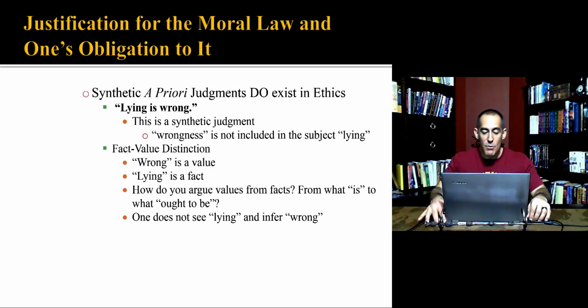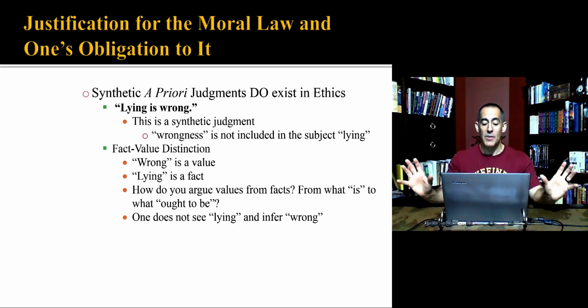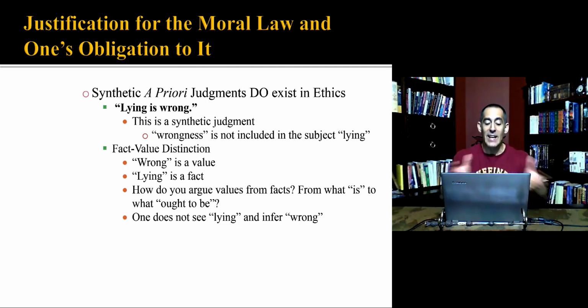But moving on, since we're talking about a priori synthetic judgments, they also exist in ethics. So when I say lying is wrong, that is again something that I'm positing prior to experience. Wrongness, remember, is not included in the word lying. Those again are two separate concepts. But again, they're put together synthetically prior to experience.